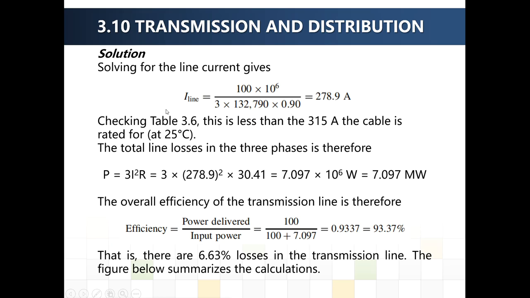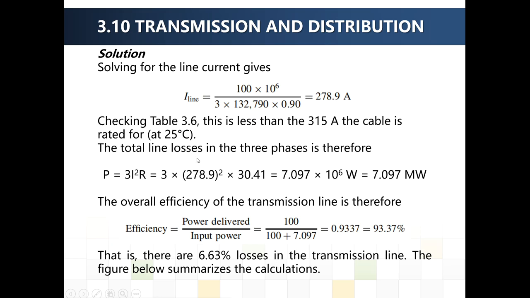Therefore, the line current is 278.9 amps. According to Table 3.6, the capability of this cable is 315 amps. So this cable can sustain 278.9 amps and can be used to carry this line.